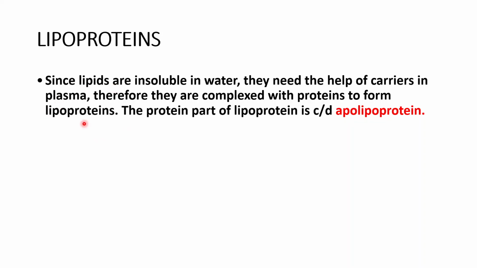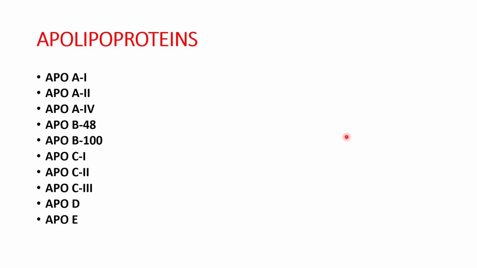Otherwise lipids cannot be transported, so they take the help of carriers, that is proteins, and the association is known as lipoprotein. The protein part of lipoprotein is called the apolipoprotein. Now these are the different apolipoproteins: ApoA1, A2, A4, B48, B100, C1, C2, C3, D and E. So the details we'll be discussing in the metabolism.